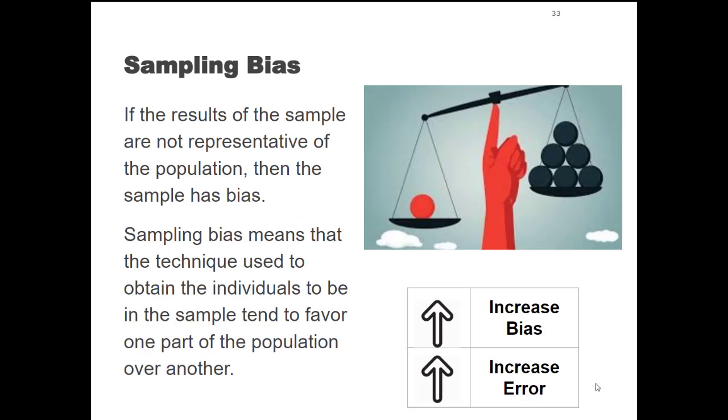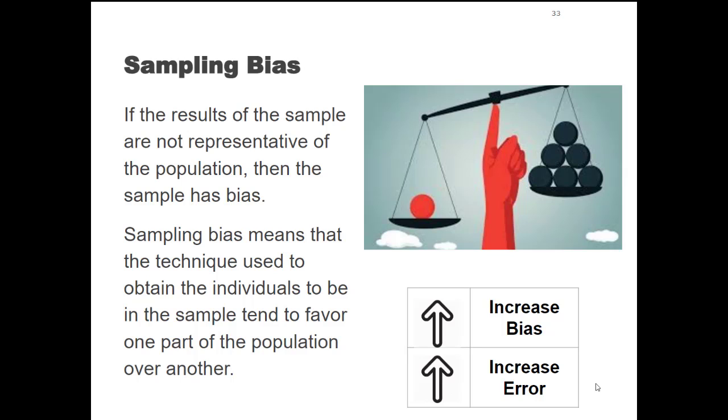Sampling bias can occur if the results of your sample are not representative of the population. In other words, if your sample does not have the same attributes as the population that you want to study, it will affect the amount of error in your study.